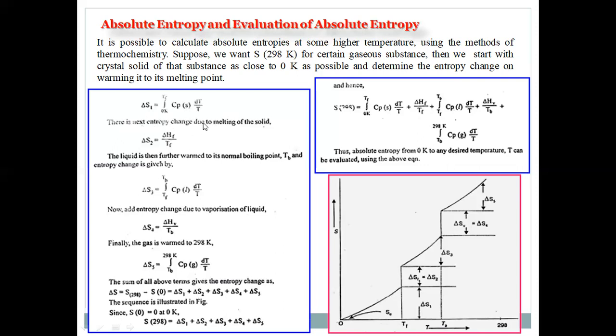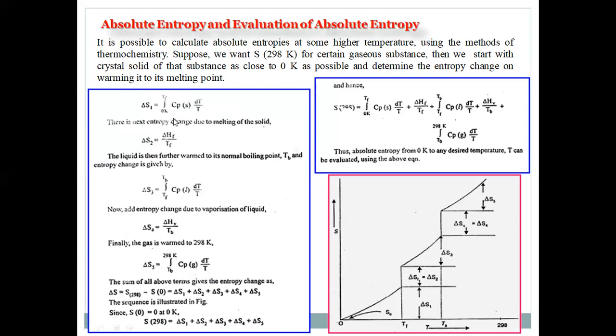the next entropy change due to melting we can calculate, that is delta S1, delta S2, delta S3, delta S4 and delta S5, which are the different entropies at different states of the substance.